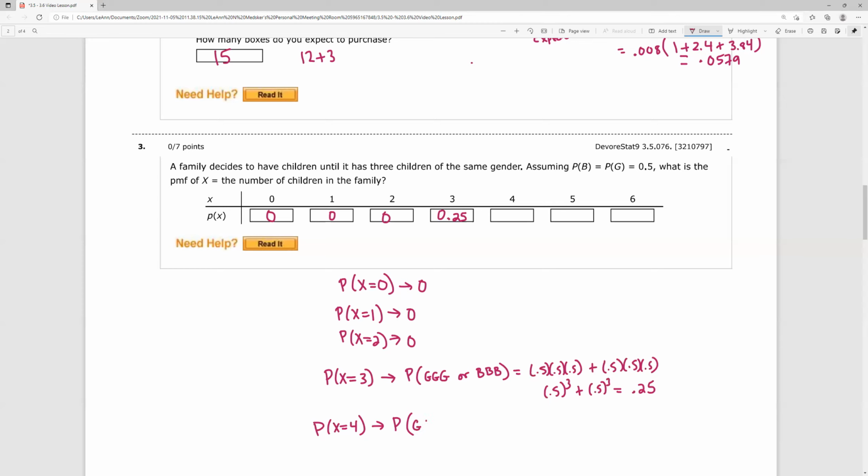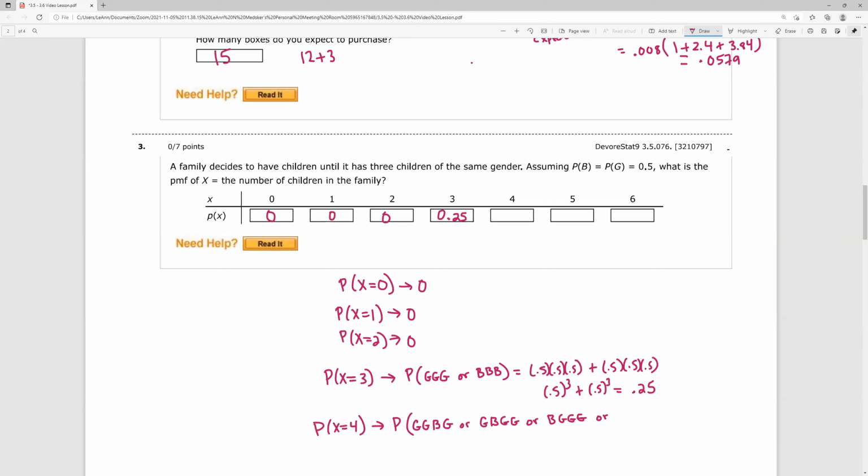So you could have 2 girls and then a boy, and then the third girl. Or you could have a girl, a boy, and then 2 more girls. Because again, the third girl has to be the final choice. Or you could have had a boy followed by 3 girls. Because again, we're not getting to that third girl until the 4th choice. So those 3 things are possible, or it could be reversed.